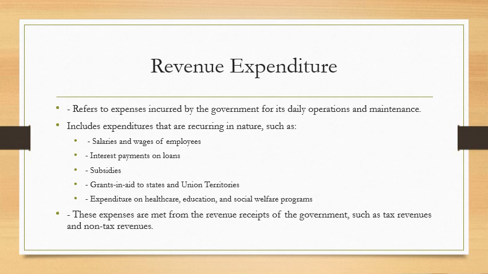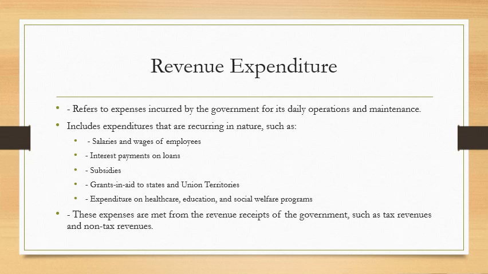It includes the salaries and wages of all government employees, the interest paid on loans borrowed by the government, the subsidies given for various schemes, the aid and other support given by the central government to all the states and union territories, and the expenditure incurred on healthcare, education, scholarships, and various schemes for the day-to-day operations of the government.